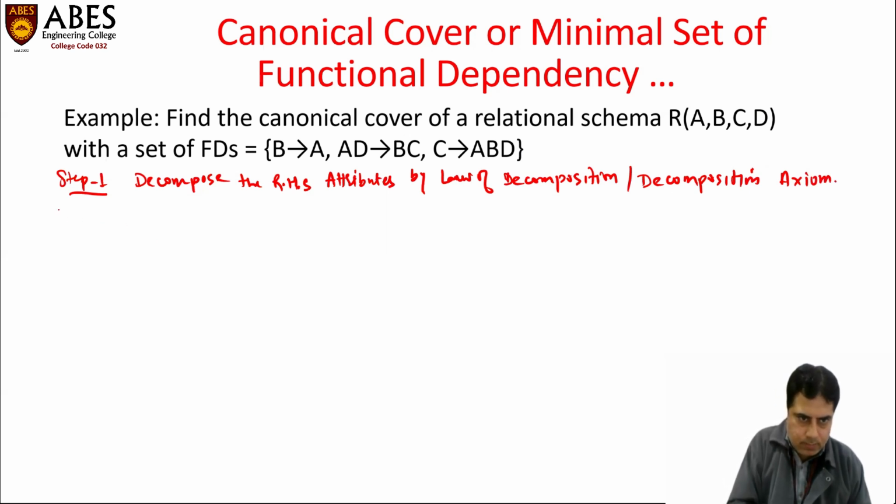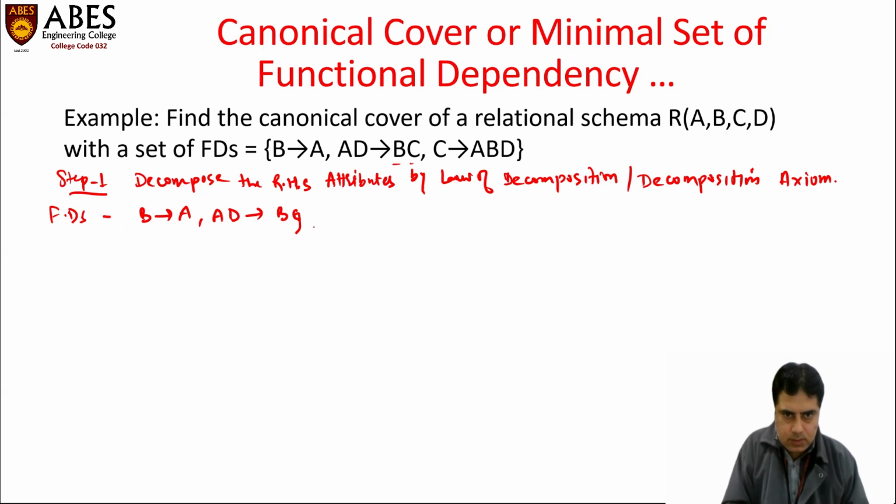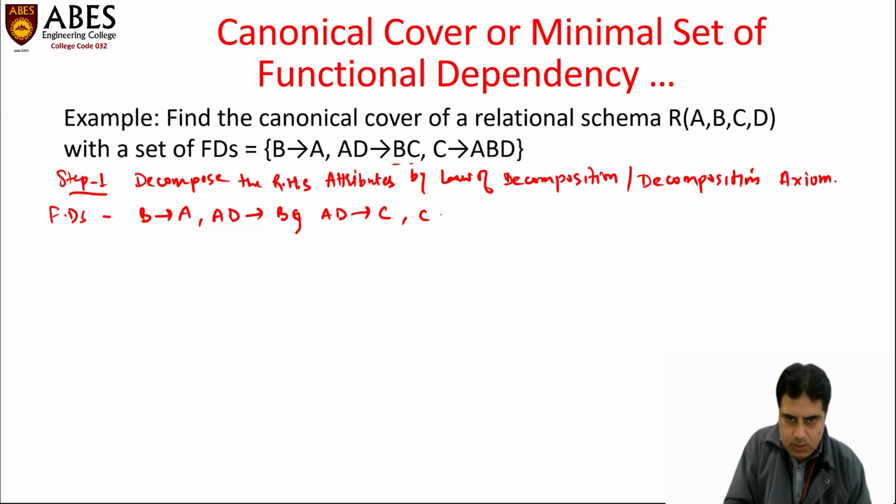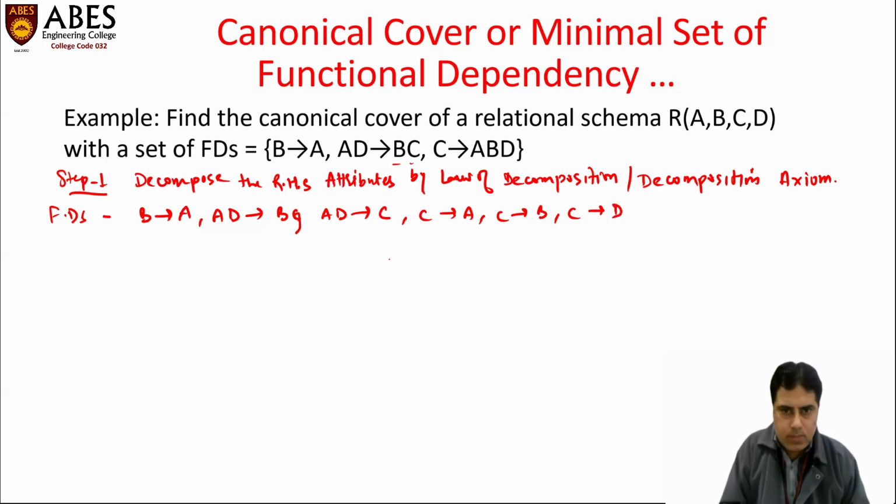So now the FD set is B determines A, AD determines B, AD determines C. Now C determines A, C determines B, C determines D. Remember, we have to decompose the attributes given in the right hand side, not in the left hand side.